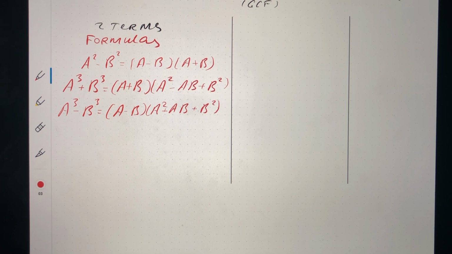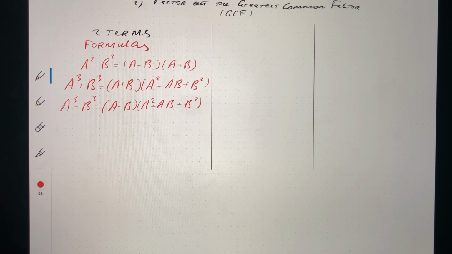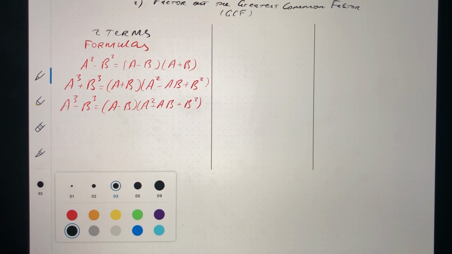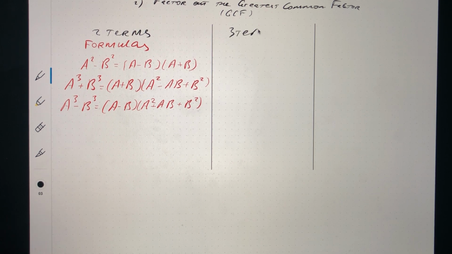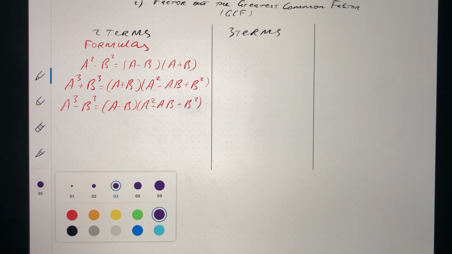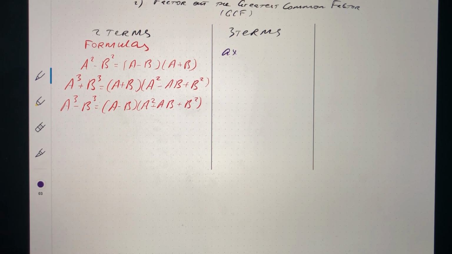Now, the other category is three terms. Three terms are quadratics, and the quadratics are usually written as ax squared plus bx plus c. If a happens to be 1, we use one method, and if a happens to not be 1, then we use a different method.